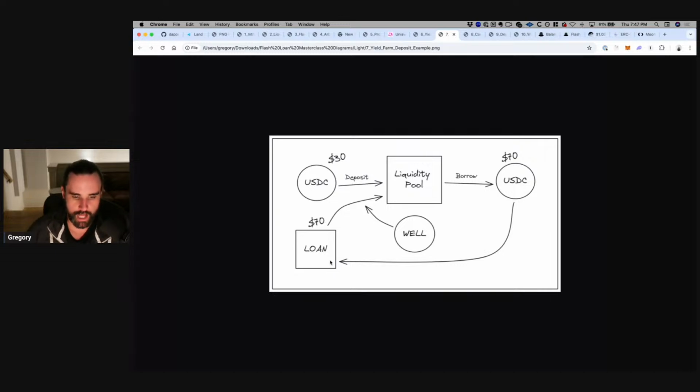So if you took $30 USDC and then you took out $70 with a flash loan, then you could deposit that into Moonwell, and then instantly turn around and borrow the same $70 back from Moonwell to pay back the flash loan. And so now instead of earning interest on $30, you're earning the interest on $100.